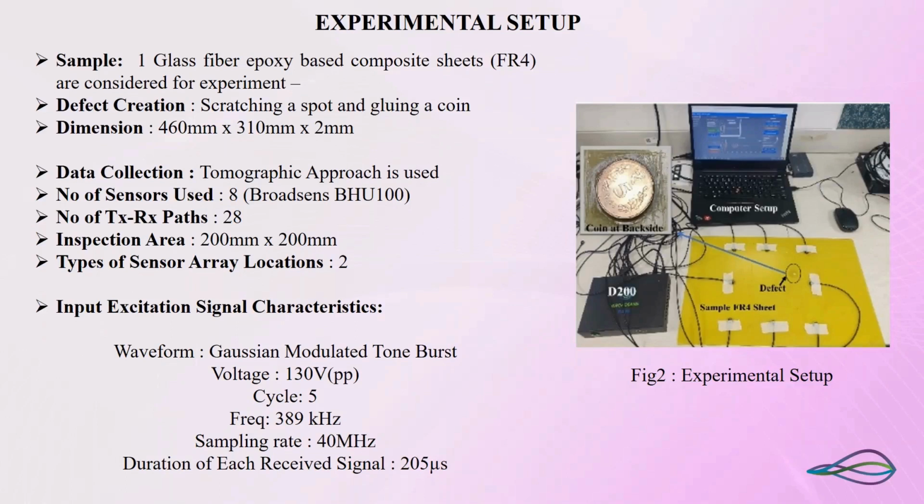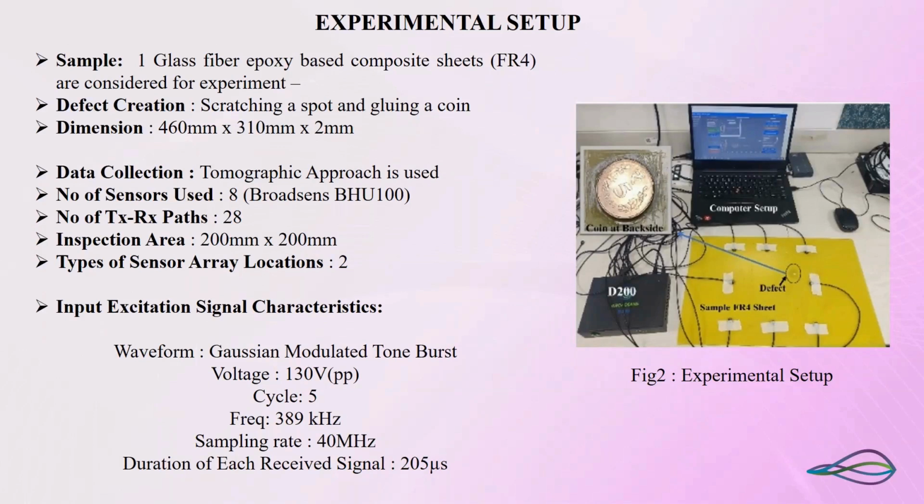Regarding input signal characteristics, we have used a Gaussian modulated tone burst. The input excitation voltage is around 130 volts peak to peak. We are using a 5-cycle tone burst with a center frequency of 389 kilohertz, because the piezo has a resonance peak at 389 kilohertz.